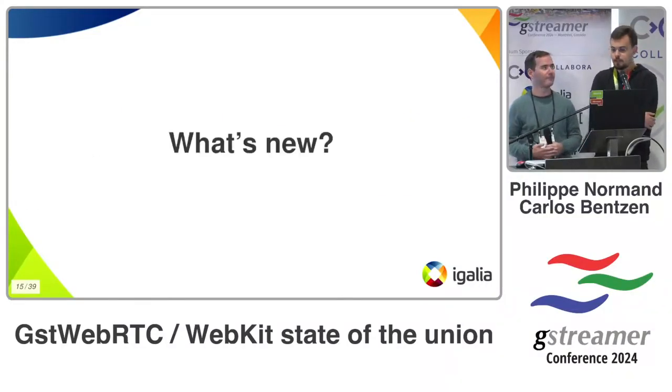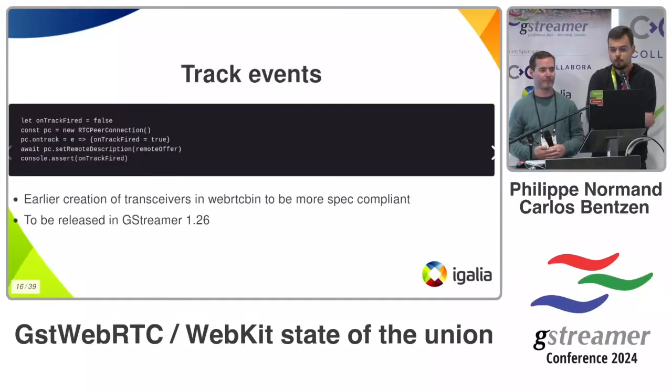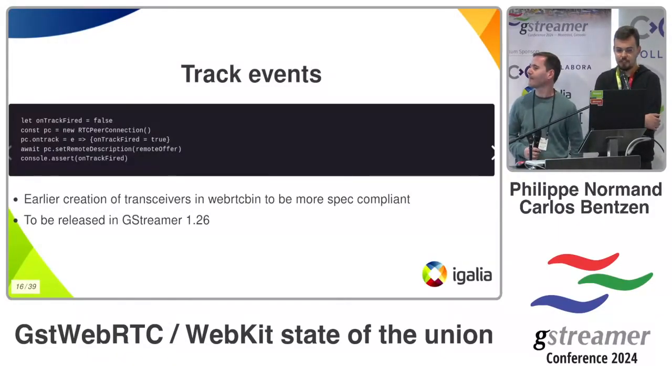And what's new? There are also some new APIs or fixes that we did recently, and one of them is track events. It's an issue that is kind of easy to show because during negotiation, basically, you're going to have your signaling there, and there's one specific situation which is when you're applying a remote description from a remote offer. We saw many applications were depending on the timing for the track events to be emitted.